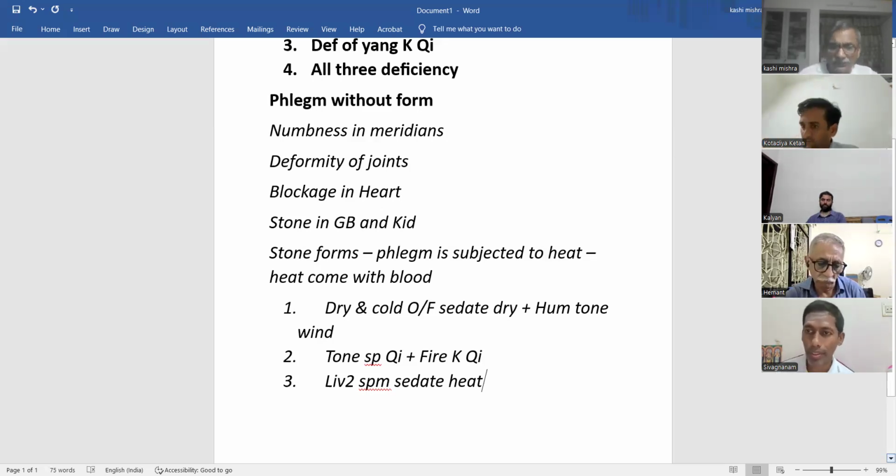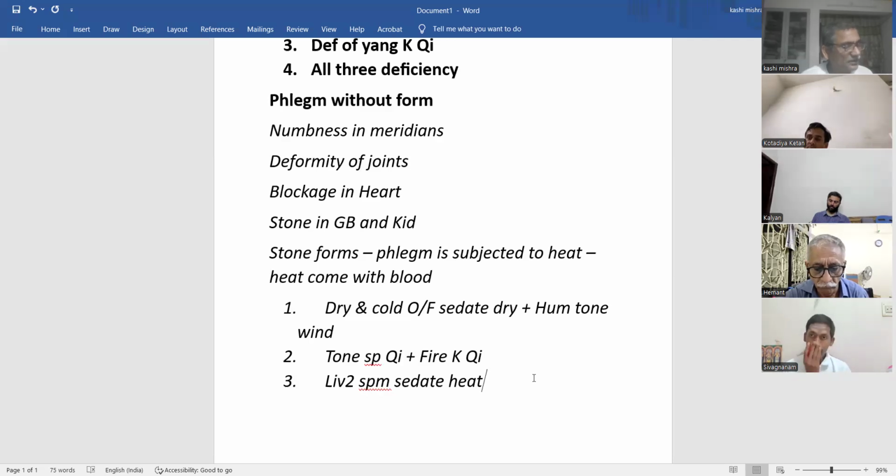But for stone formation, this is what we can do our best. Right? Even in TCM, it is not possible to get rid of gallbladder stone. I have not seen any case. So this is it.